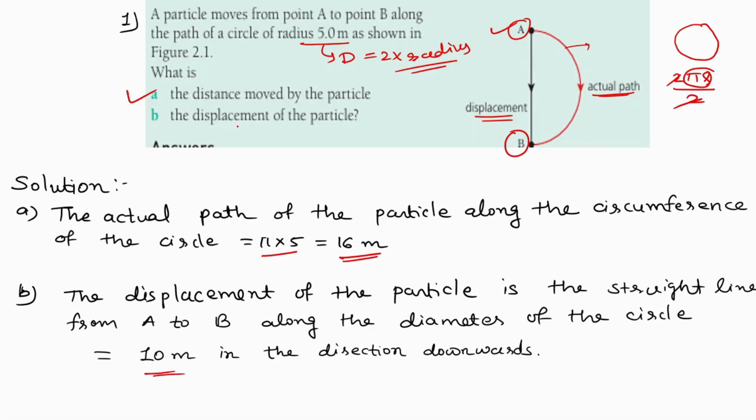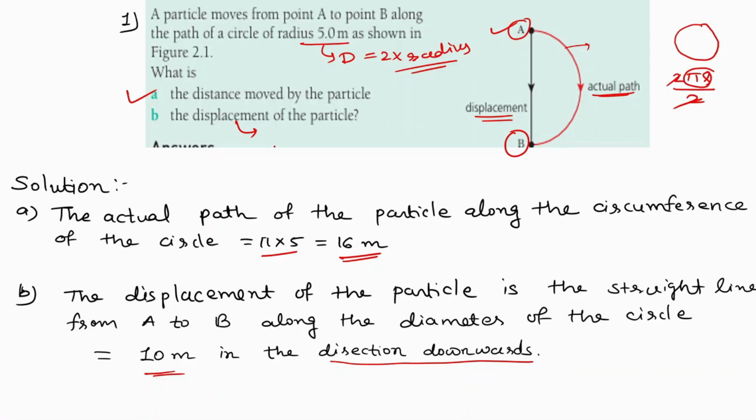And because displacement is a vector quantity, we have to mention its direction. It goes from this point to this point, which means downward direction. Here I have mentioned that. I hope the concept of question number one is clear.